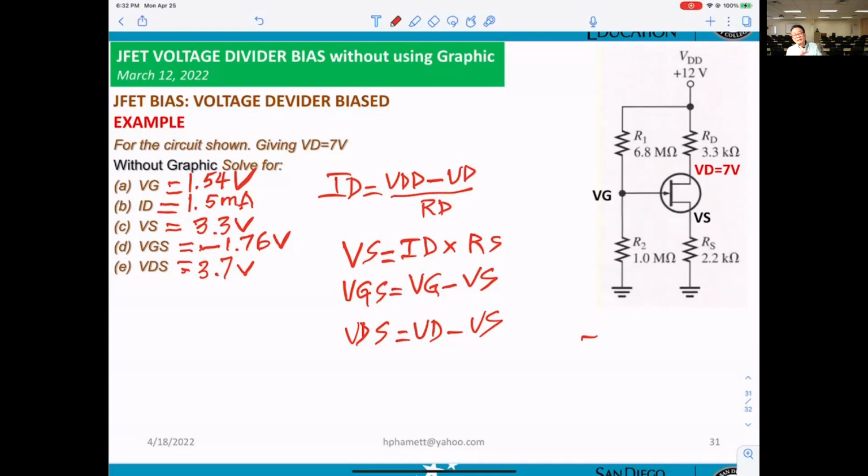And make sure you download the next handout for the next meeting. That means the JFET amplifier. Try to read it.